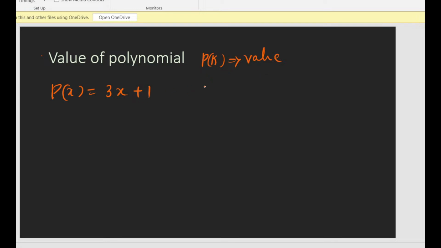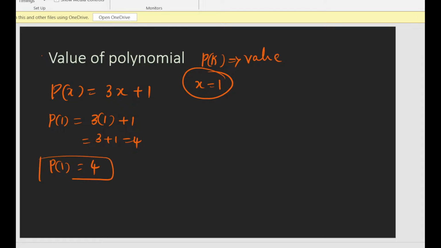For example, if x is equal to 1, substitute here: p of 1 is equal to 3 into 1 plus 1. That is 3 plus 1, 4. So p of 1 is equal to 4. This one we call the value of polynomial.